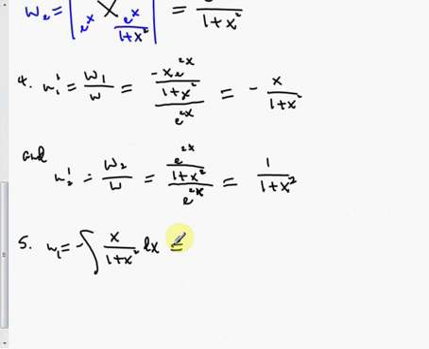What's this integral, folks? Natural log, right? So when you look, let u equal to 1 plus x squared. So du picks up what? 2x dx. So this is going to be negative 1/2 natural log of 1 plus x squared.